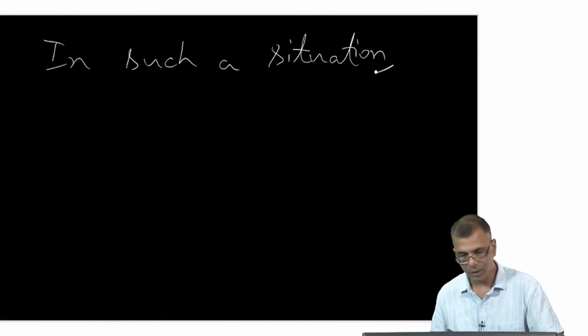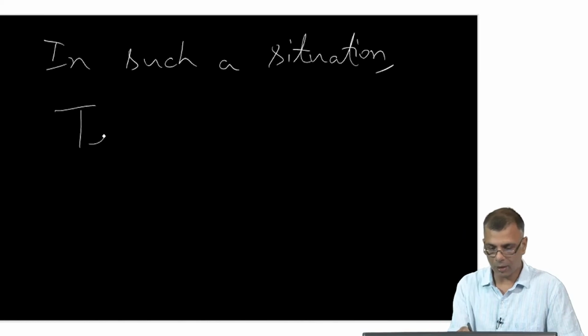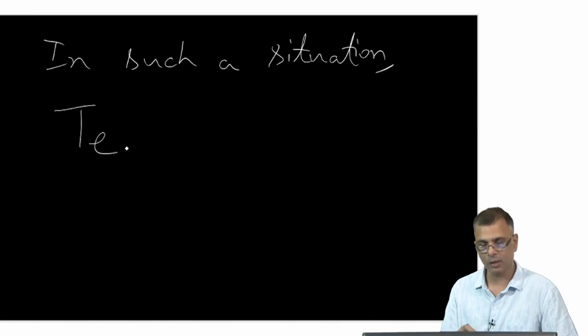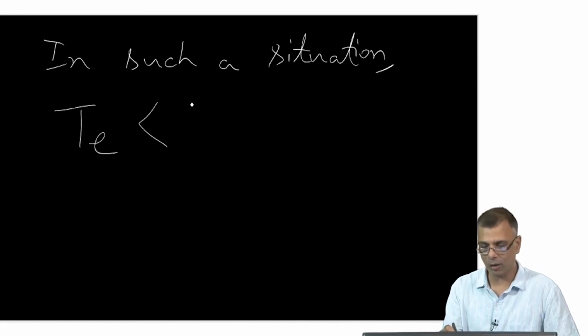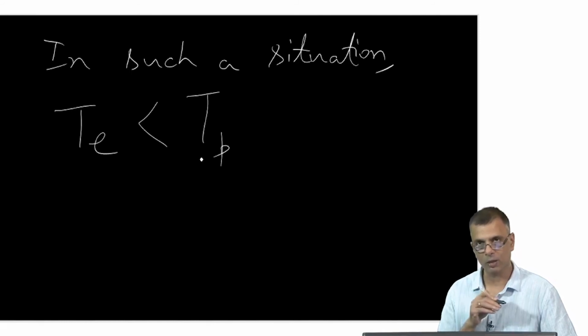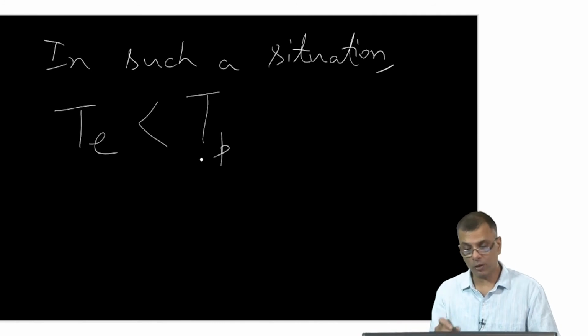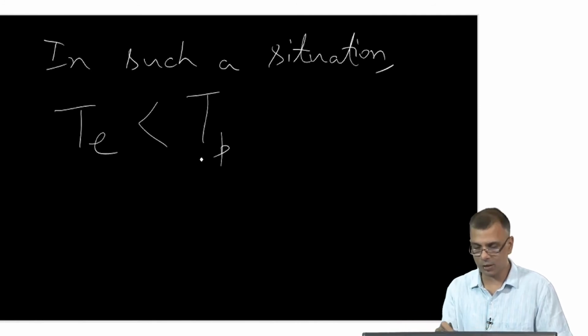In such a situation, the electrons equilibrate to form an electron temperature, and that is typically lower than the temperature attained by the protons. And if there was enough time for the protons and electrons to equilibrate among themselves, the TP would be the same as TE, but there is not enough time.